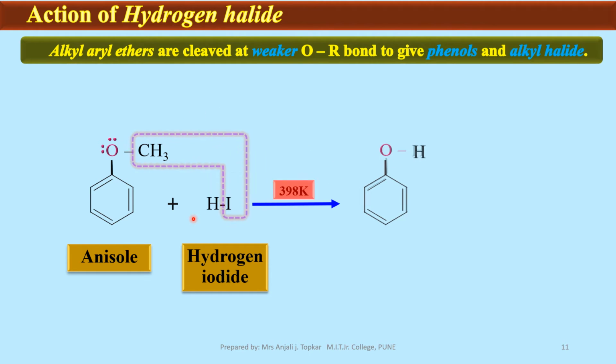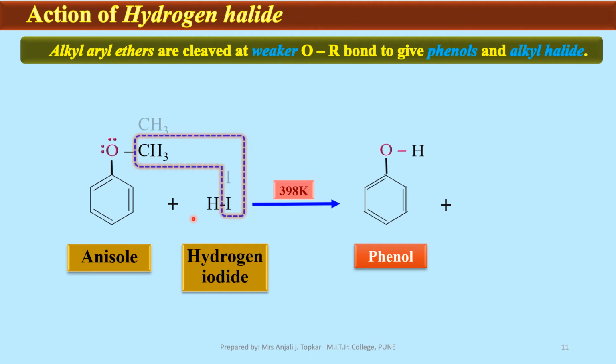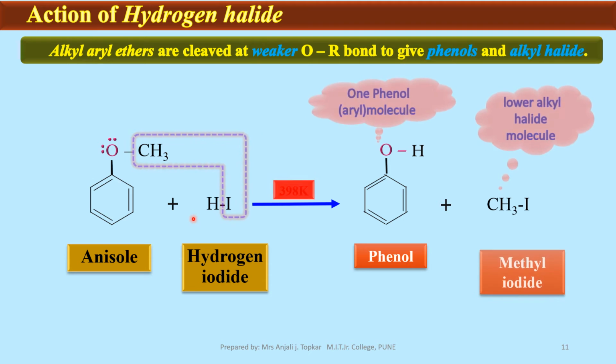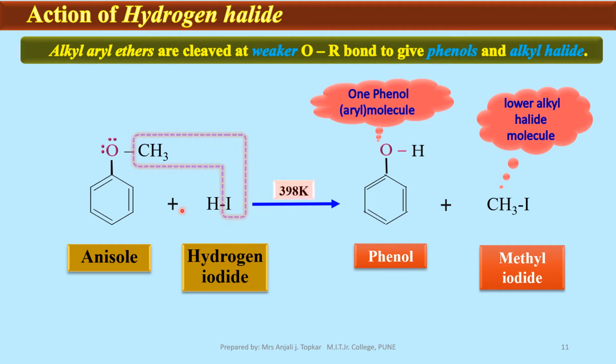And CH3I is removed, that is methyl iodide. Thus, one phenol, that is aryl molecule, and lower alkyl halide molecule is obtained when alkyl aryl ethers are used.